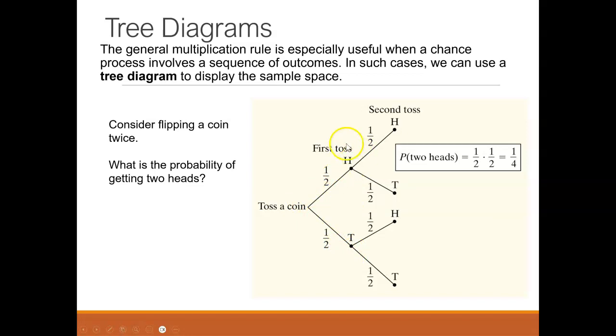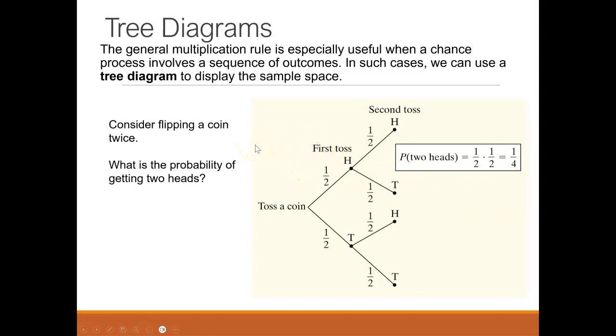And then from the heads toss, I have a 1/2 probability on my second toss of getting heads, or 1/2 probability of getting tails. And from the tails outcome, again, we have on the second toss a 1/2 probability of getting head and a 1/2 for tail. So if I want the probability of 2 heads, I'm looking at just this branch of my tree. So it'd be 1/2 times 1/2, which is 1/4.